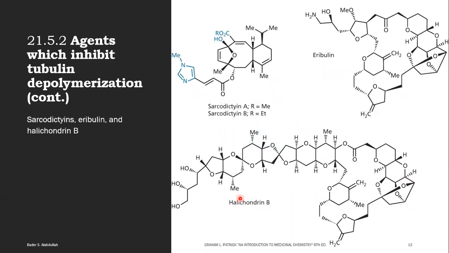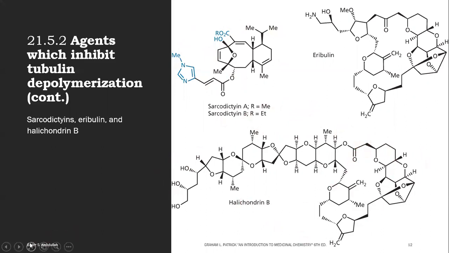Other examples on natural and synthetic products that act as inhibitors of the tubulin depolymerization, like the sarcodictyin A and B, which are analogs of what? Analogs of the eleutherobin. Okay, and as you can see here, the eribulin, which is a synthetic analog of the natural product halichondrin B. You see the halichondrin B here. It's a very big, complex molecule.